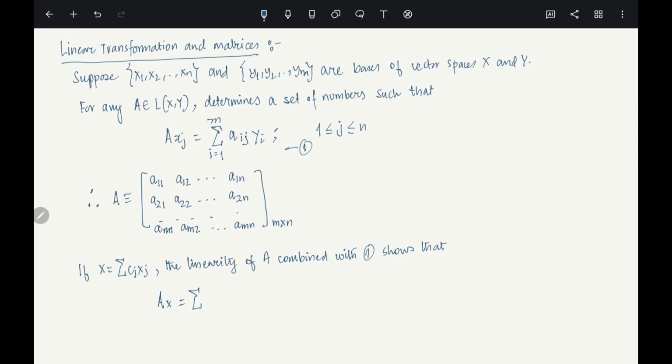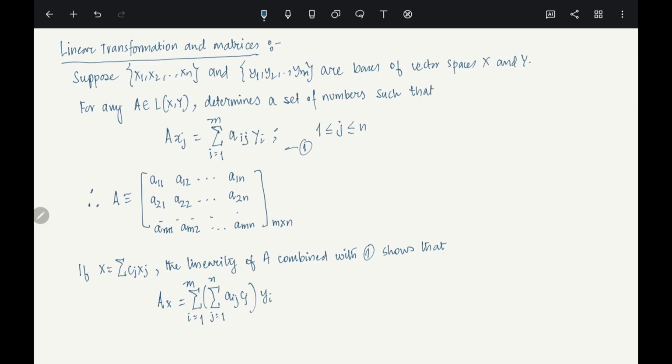So A of x can be written as the summation over i equals 1 to m of the summation over j equals 1 to n of a_ij c_j y_i.